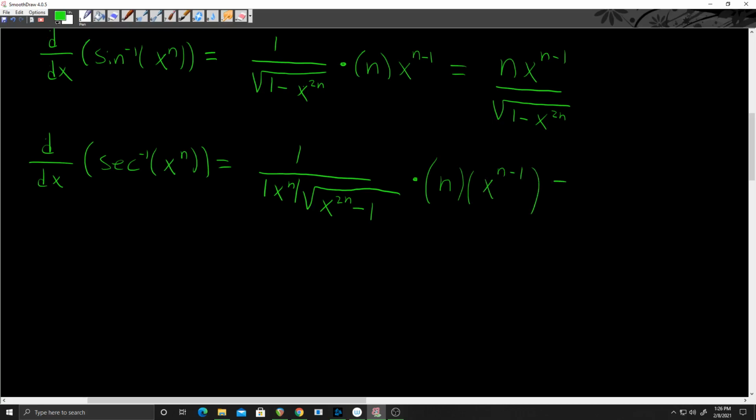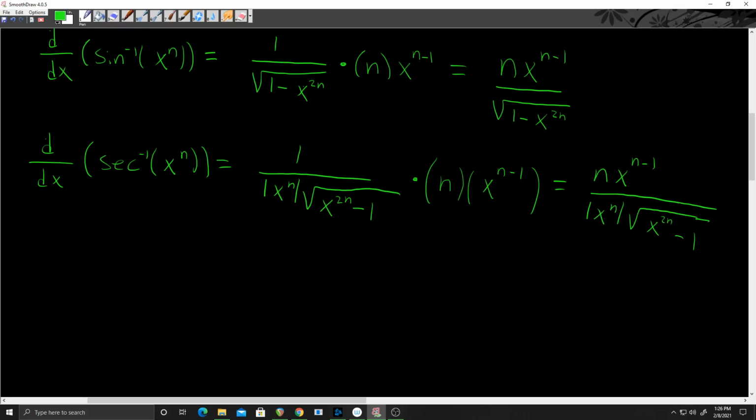So we're going to have n, and then x to the power n minus 1. And if we simplify that, we're going to have n x to the n minus 1 over absolute value of x to the n, square root of x to the 2n minus 1, like that. Now, just for a moment, because integrals are often written this way, let's take this x to the n out of the absolute value, okay?